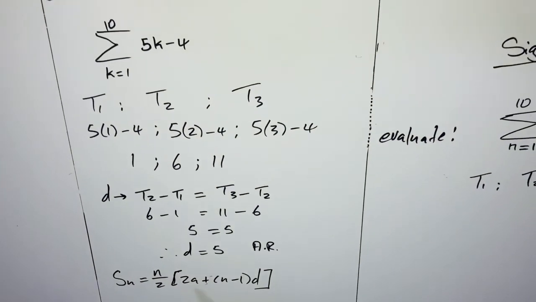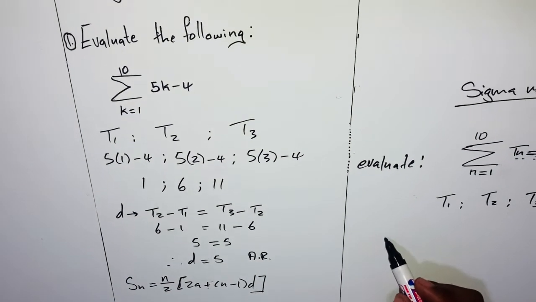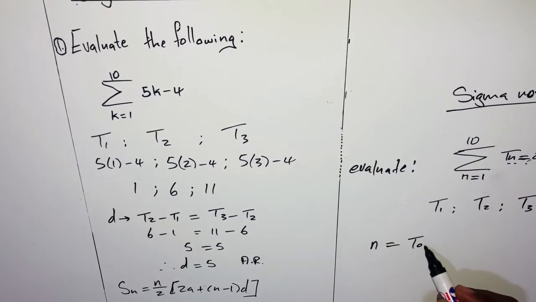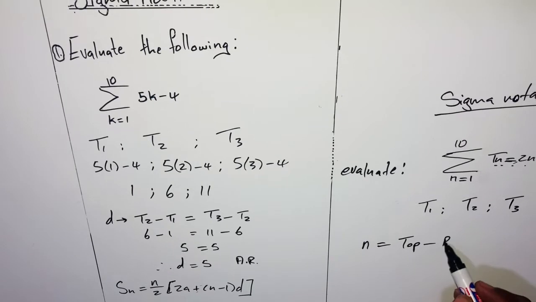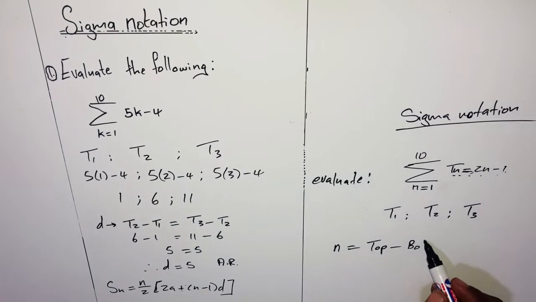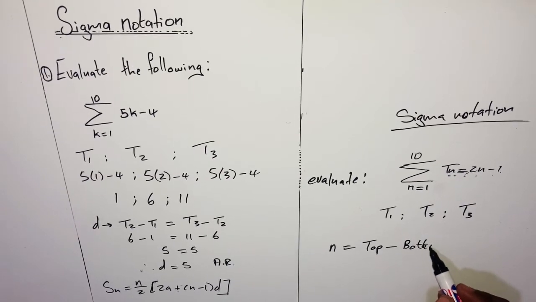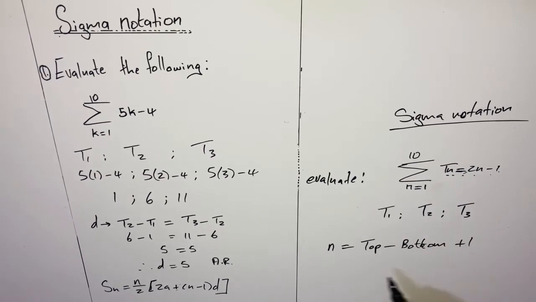I'll then go to my formula where it says my n, I'll have to use the top minus the bottom plus 1.